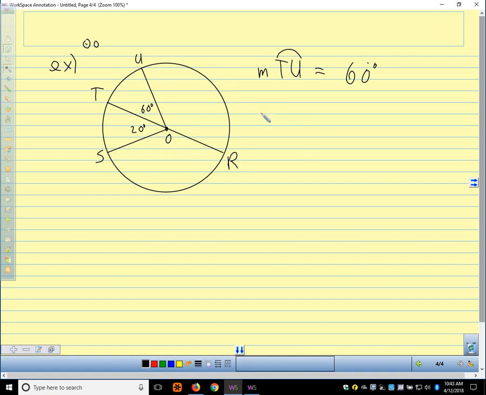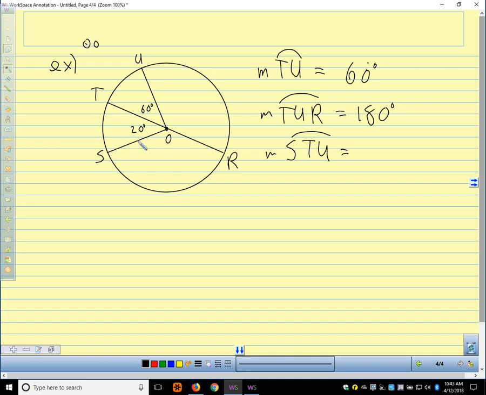How about the measure of arc TUR? TR is a diameter, so TUR would be 180. That's a semicircle. How about the measure of arc STU? We can add smaller arcs to get bigger arcs.